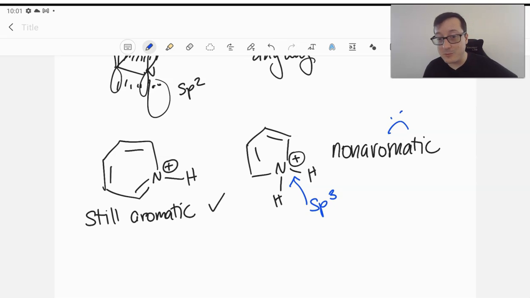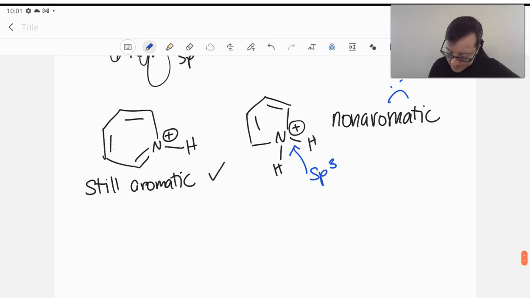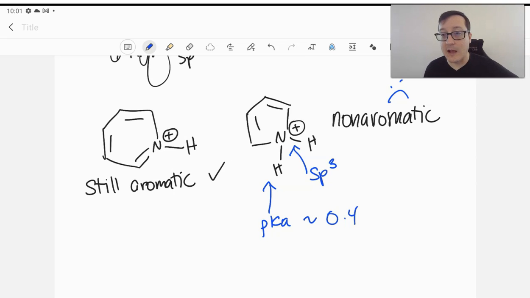As a result, we don't really see pyrrole acting as a base. We're going to see the pKa of this thing is like that of a strong acid. It's very happy to get rid of that proton because that proton caused it to lose its aromaticity. And so as a result, pyrrole is a terrible base.